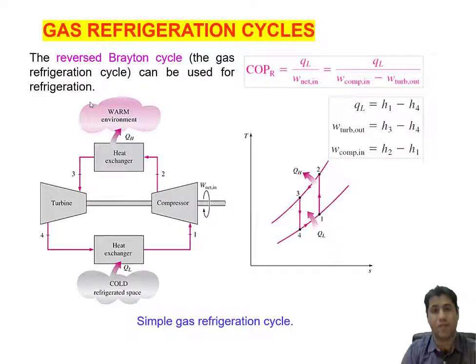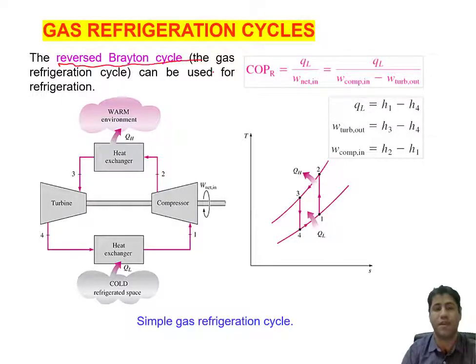But if you remember, I told you that this reverse Carnot cycle can actually be a refrigeration cycle, which we call the gas refrigeration cycle, which is basically a reverse Brayton cycle.